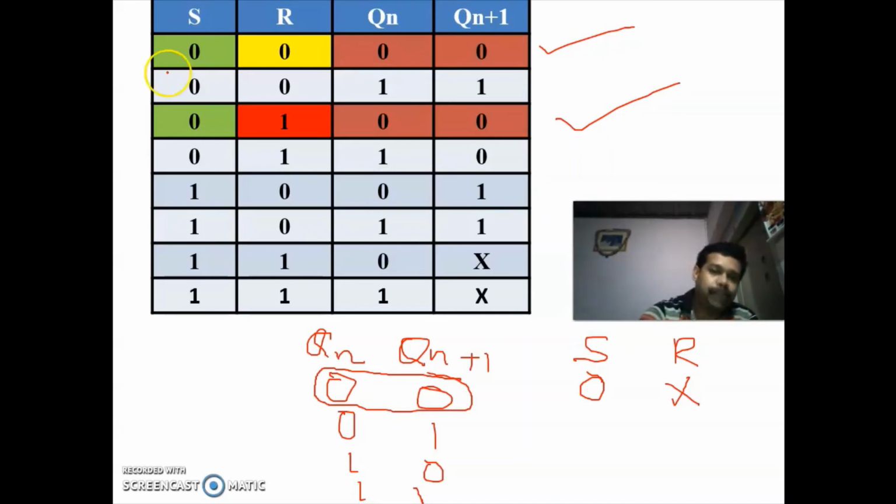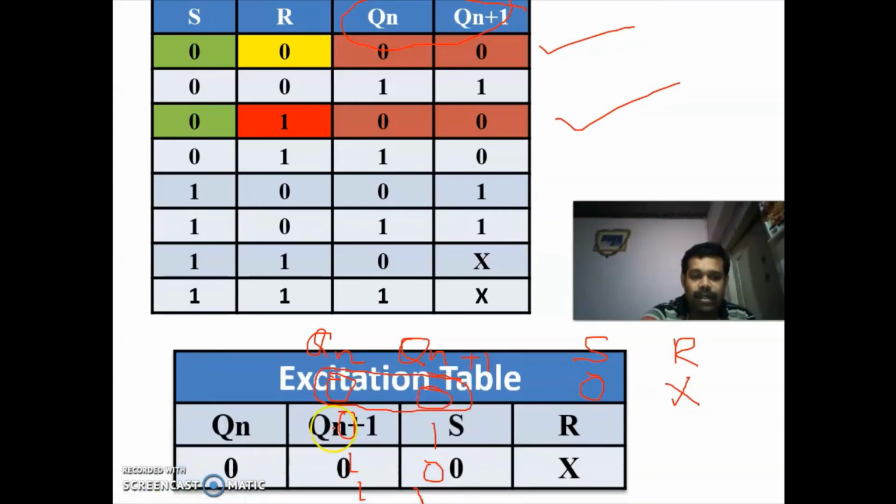Then you have to write the inputs of the flip flop having two inputs S and R. Then you have to check the truth table of the SR flip flop in which places we have the present state and next state as 0 0. So here you are having 0 0 in two places. In both the places the value of S is 0, so you write 0 here, but the value of R is 0 in one place and 1 in another place, so you have to put X.